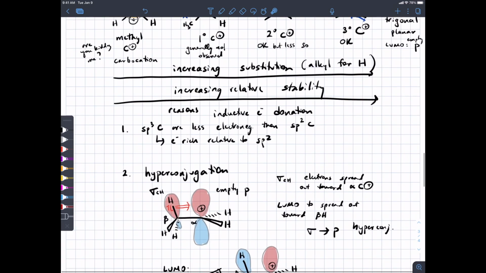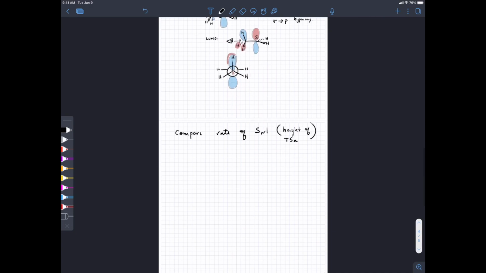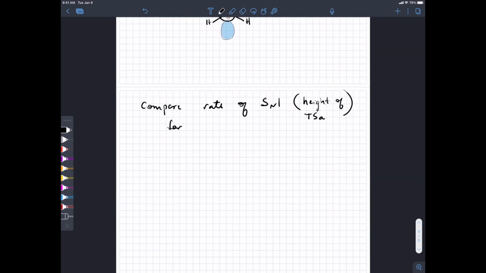So let's compare the rate of the Sn1 reaction, by which we also mean the height of the transition state in energy, for the following alkyl halides. Let's do primary, secondary, tertiary.